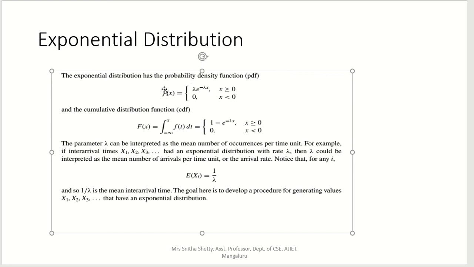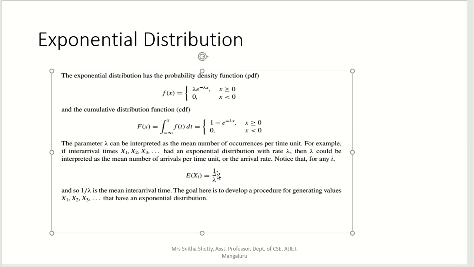So the PDF is f of x. The cumulative distribution function, capital F of x, is 1 minus e to the power minus lambda x when x is greater than or equal to 0, and F of x is 0 if x is less than 0. And what is E of xi? E of xi is known as the expected value, equal to 1 by lambda.